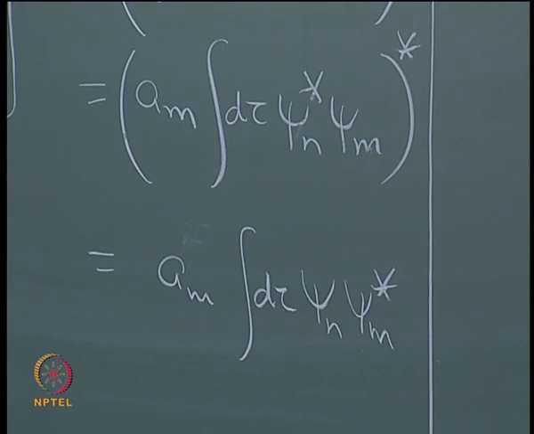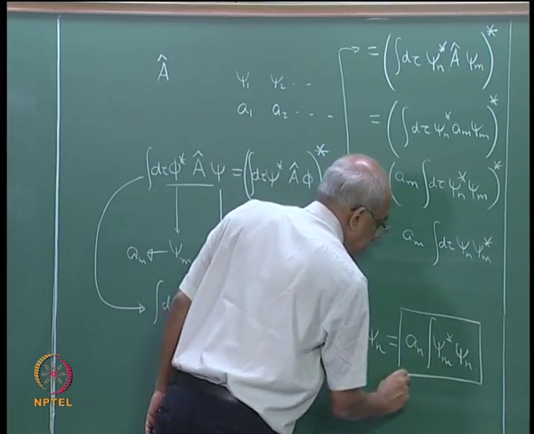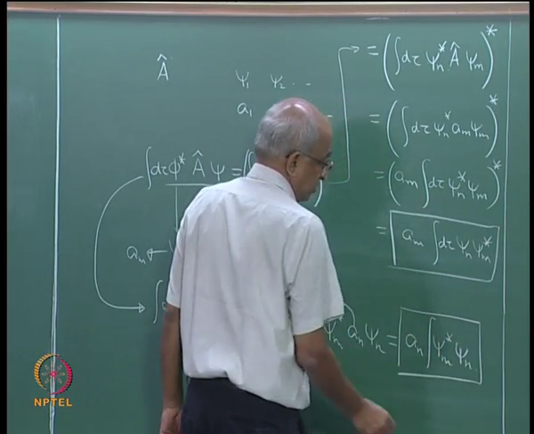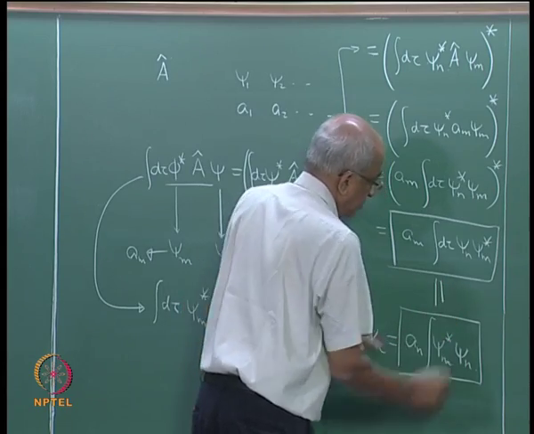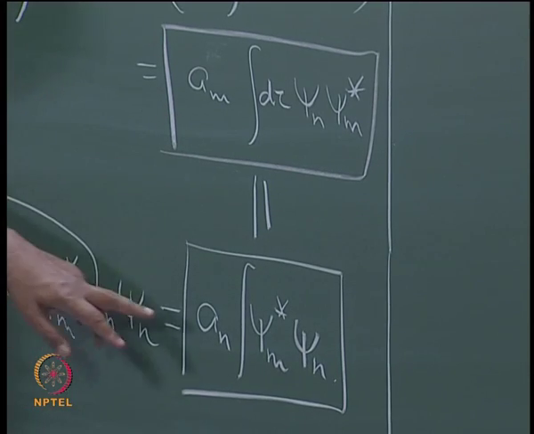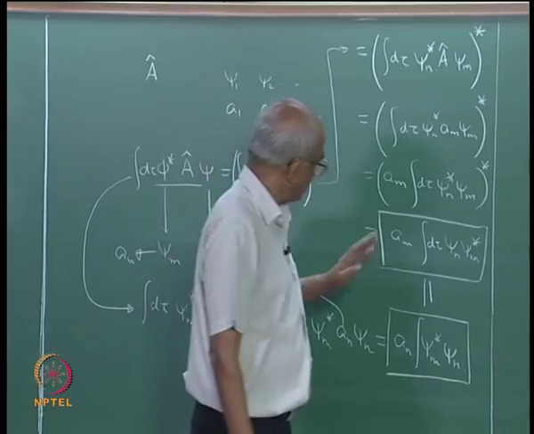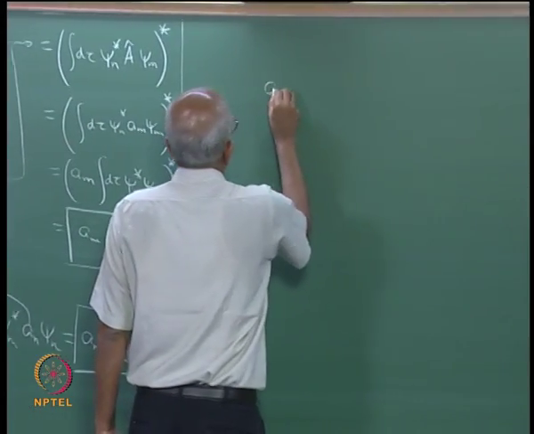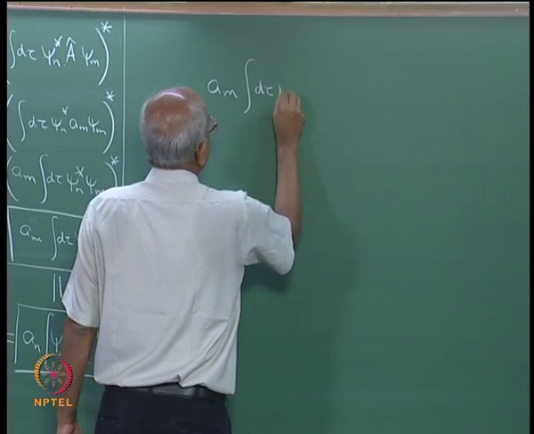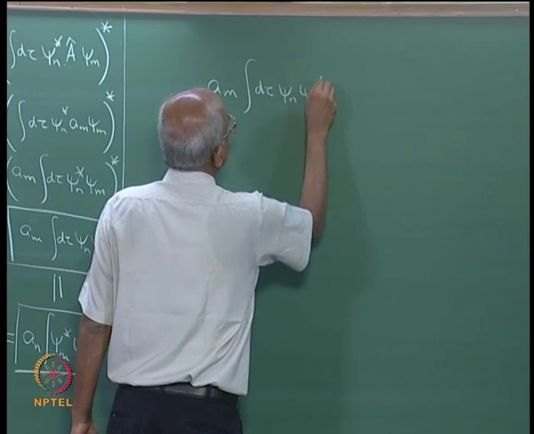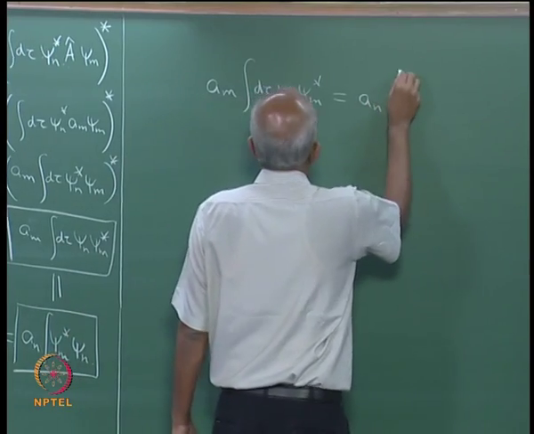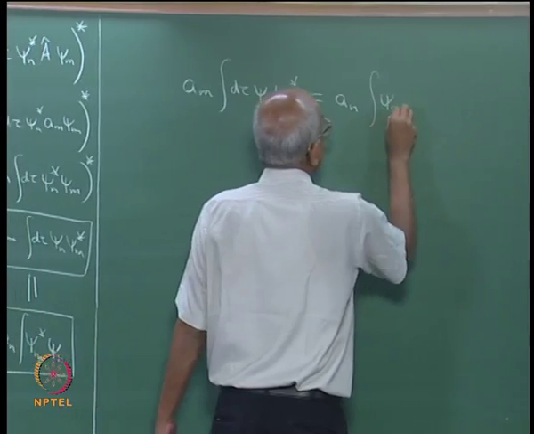So, we evaluated the left hand side is equal to that. We evaluated the right hand side is equal to that. So, that implies that these two have to be equal. For a Hermitian operator, this has to be equal to that, and let us write that equation. What it says is that a m into the integral d tau psi n psi m star is equal to a n into the integral psi m star psi n.